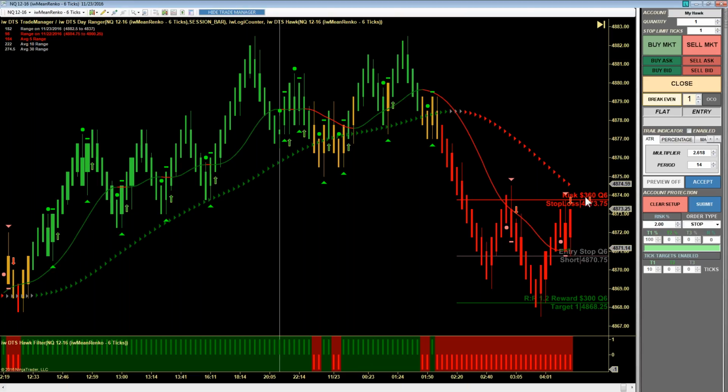Now, that's 2% of my capital. So if you're trading a $10,000 account, your risk is going to be capped at $200 if you're going to trade 2%. Generally speaking, anything less than 5% is considered prudent.